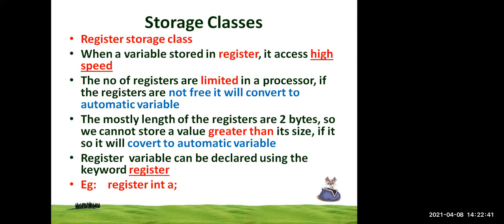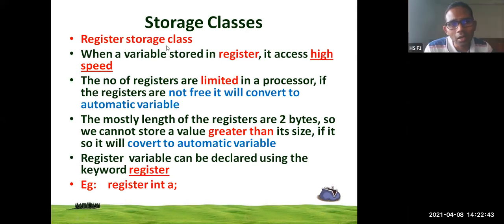When a variable is stored in a register, it has high speed. Why does it have high speed? Because the RAM is external to the processor. The processor is on the motherboard and RAM is also on the motherboard, but they are two different modules. RAM is in one slot and the processor is in another slot.